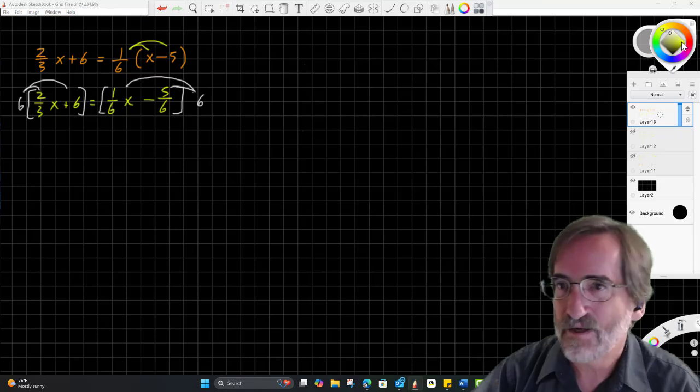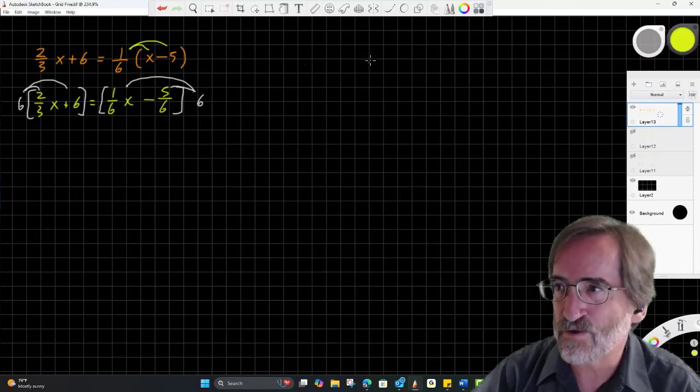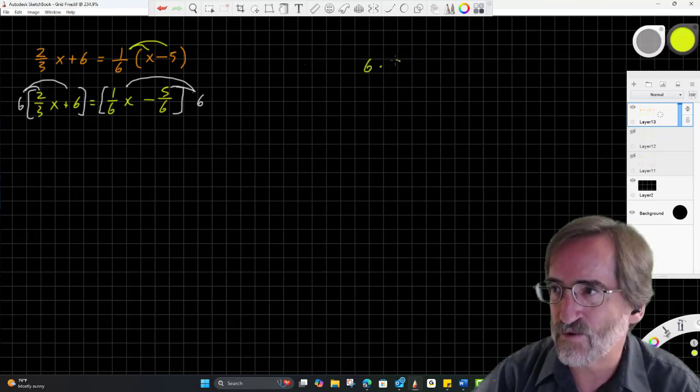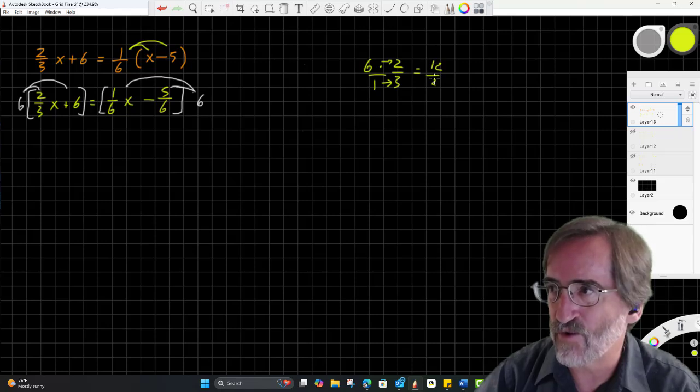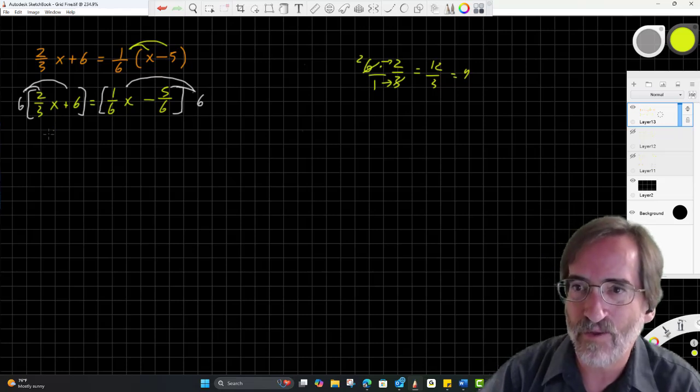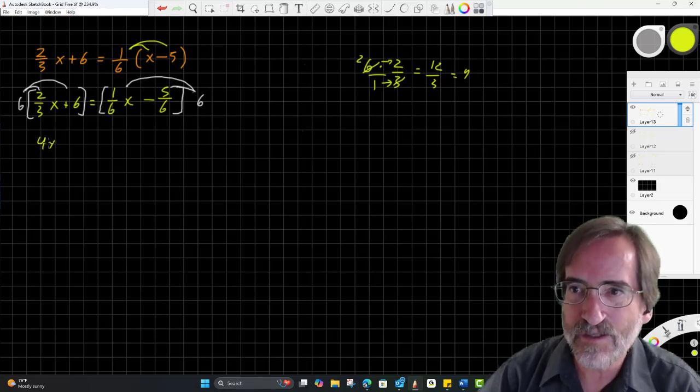And 6 times 2/3, let's do a little scratch work up here. 6 times 2/3, we can multiply straight across. 6 times 2 is 12, divided by 3 is 4. Or you could do a little cross canceling. 2 times 2 is 4. Either way, we get 4x.